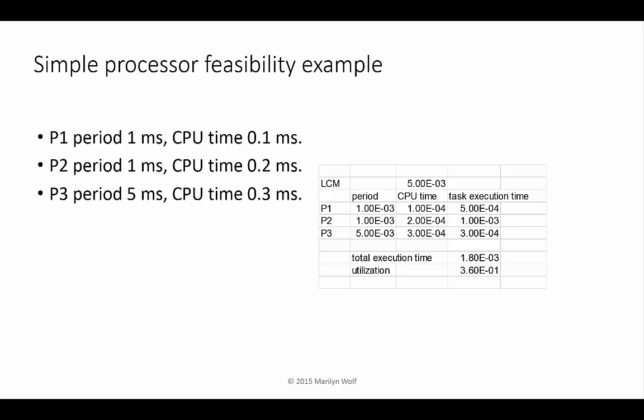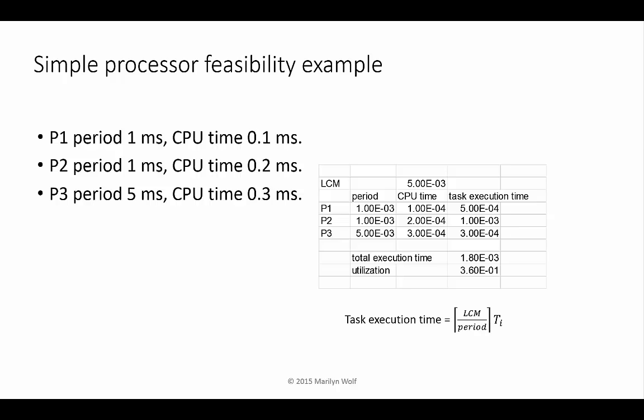We can use a spreadsheet to evaluate utilization for a set of processes. In this example, we have 3 processes, and for each one we know its execution time and also its period. So in this spreadsheet, we first enter the least common multiple of those periods, which is 5 milliseconds. And then for each process, we enter its period and its CPU time.